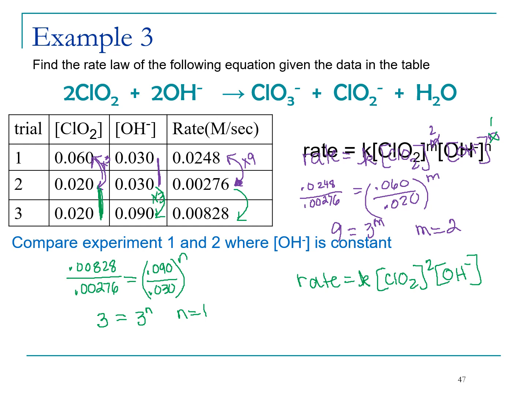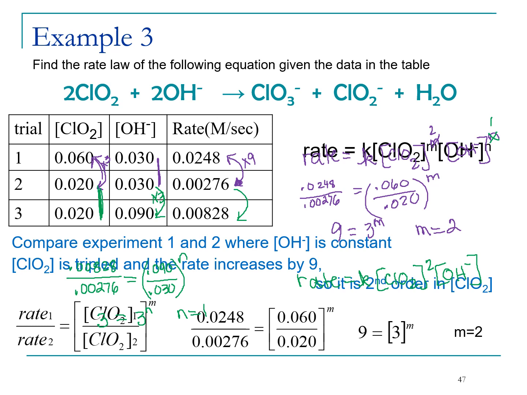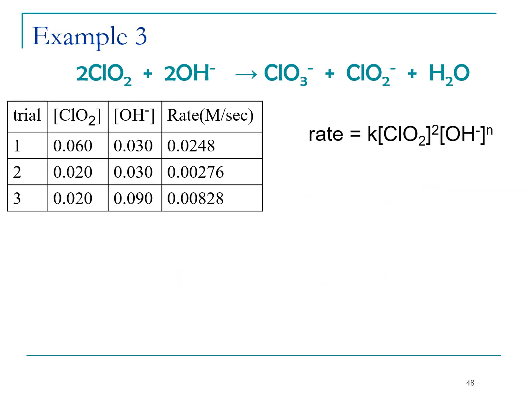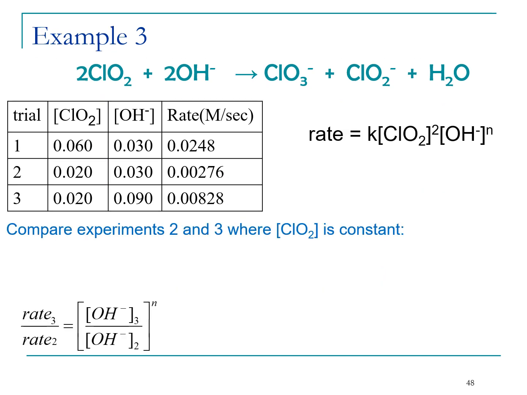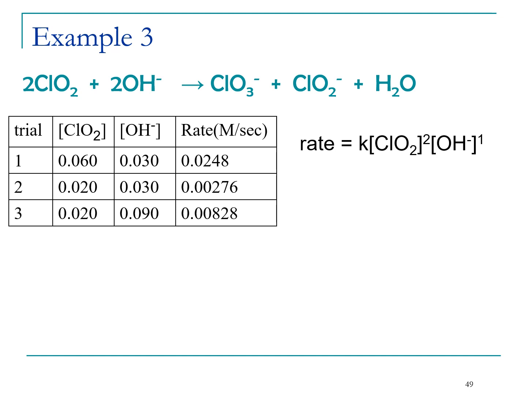Then I did experiments 1 and 2, and that's where I discovered that 9 equals 3 to the m, so m is 2. Then doing experiments 2 and 3, again, we find out that 3 equals 3 to the n, so n is 1. So this n changes to 1. So that's my rate law.